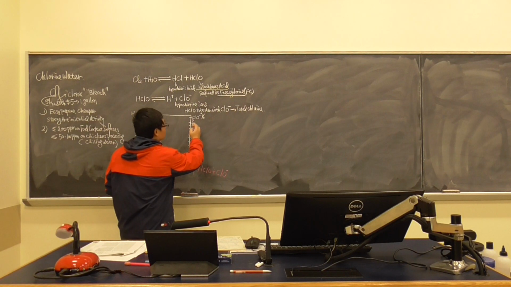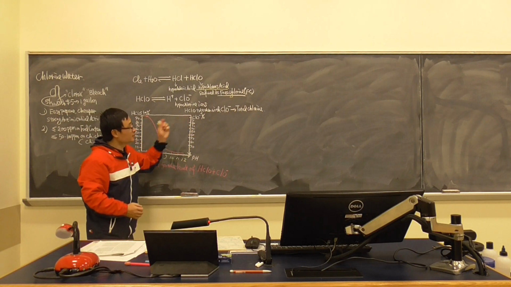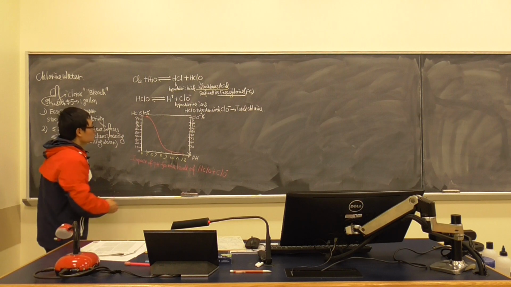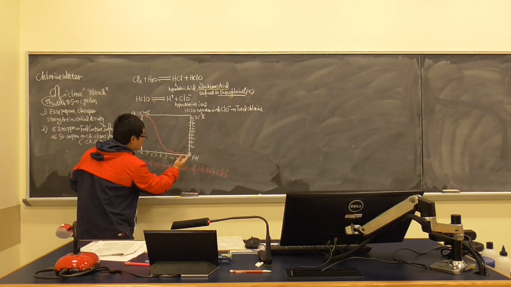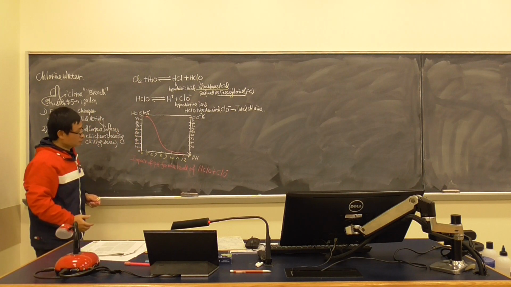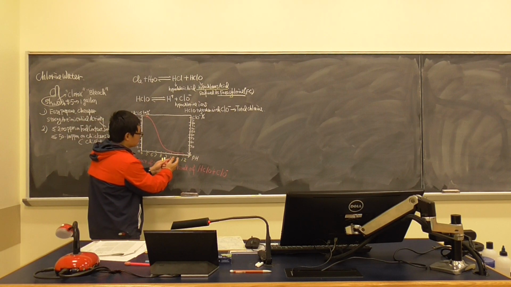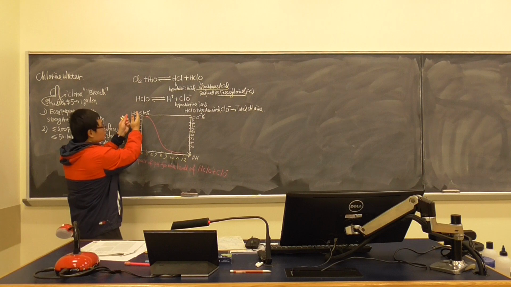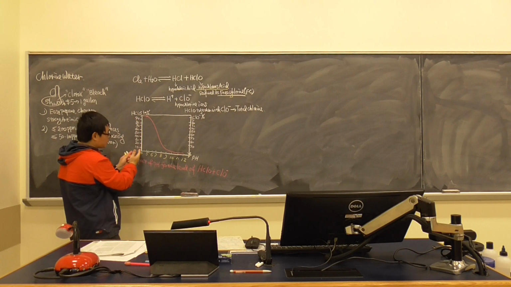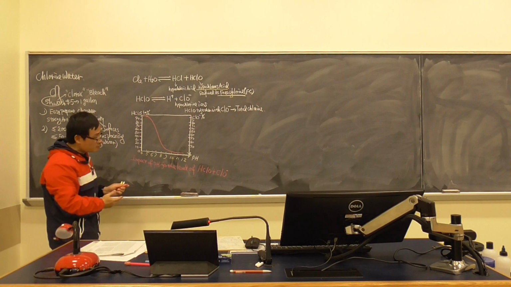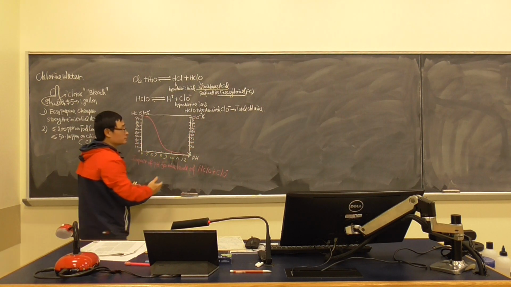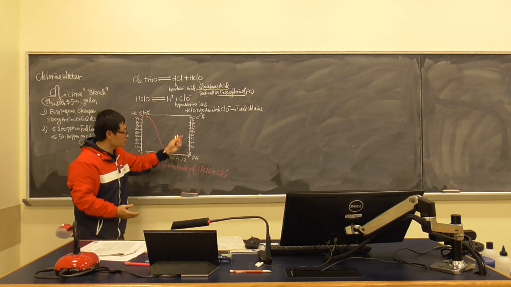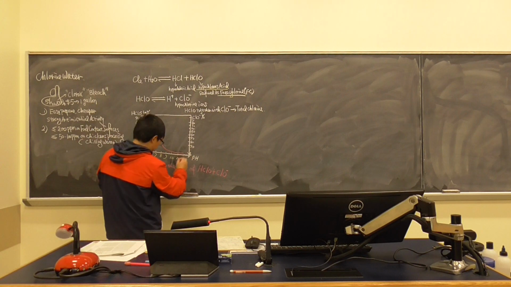And what happens for the hypochlorite ions? Very low, less than 10%. As the pH increases and it goes to alkaline solution, passing 9 to 10, HClO dramatically decreases, maybe only 5 or 10% left. But at the same time, the hypochlorite ions dramatically increase to almost 100% at the end.